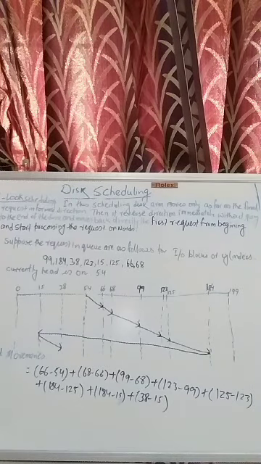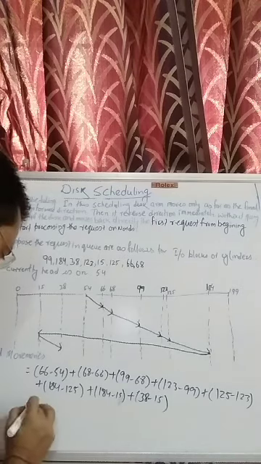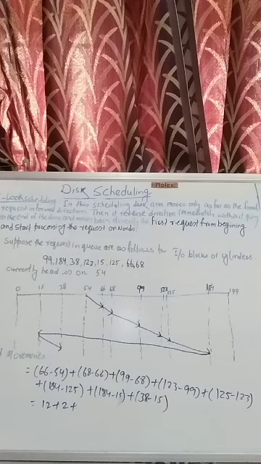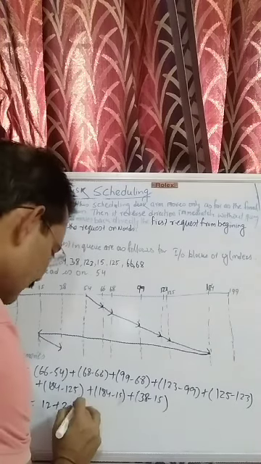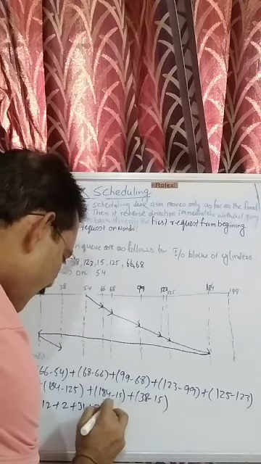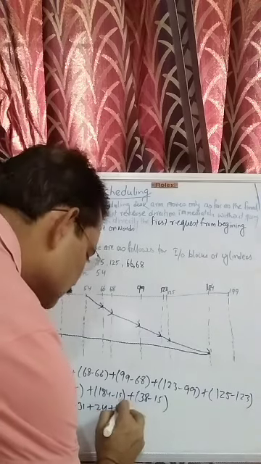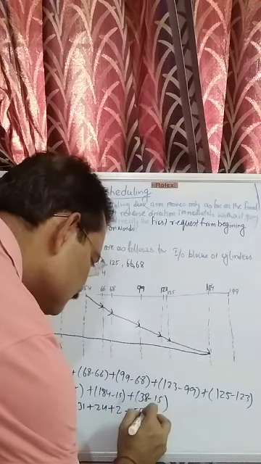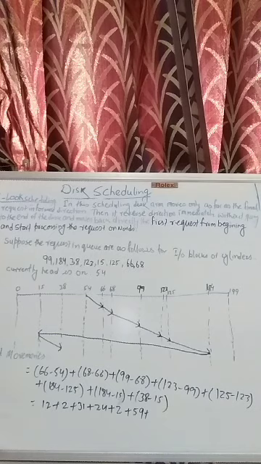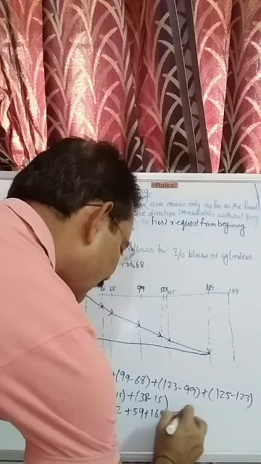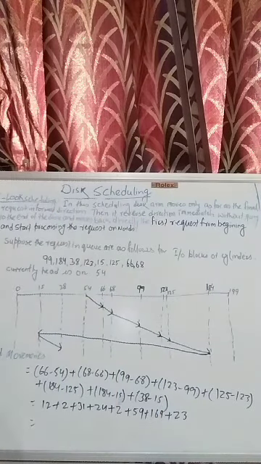These are the head movements. So the final head movements are 12 plus 2 plus 31 plus 24 plus 2 plus 59 plus 169 plus 23.